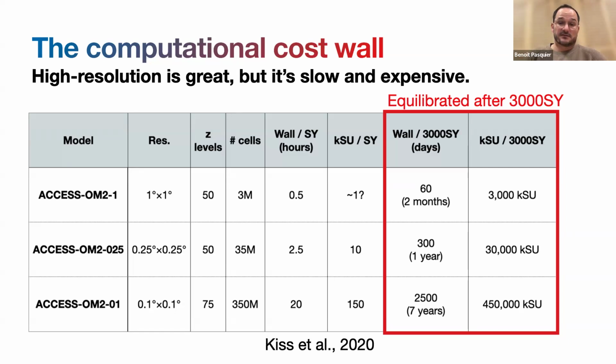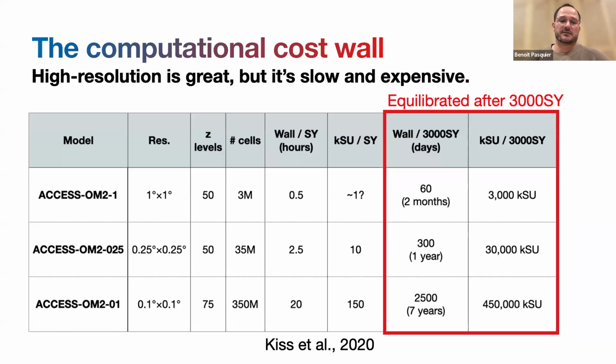And in terms of costs, this is also way too big, in particular for ACCESS-OM2 high resolution, 0.1 degree. It would take about 500 million service units, which is way too much. I don't even know if they allocate that in the entirety of NCI every 7 years. So it just is completely infeasible.